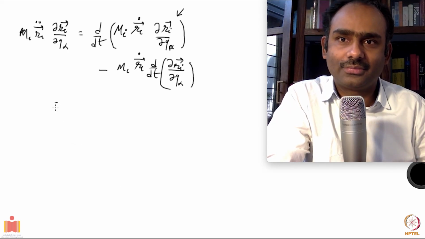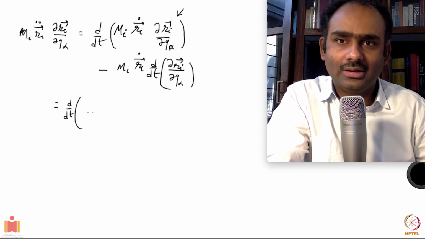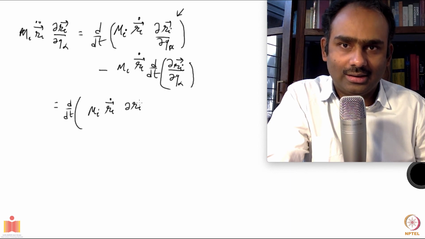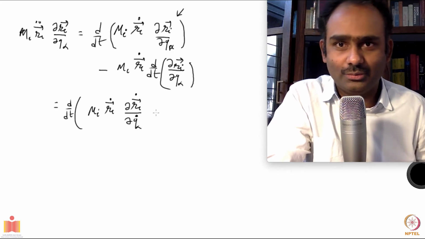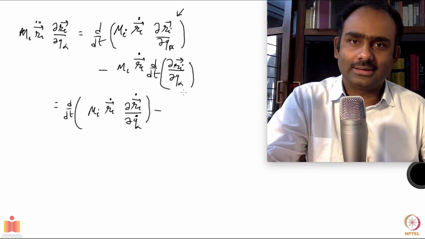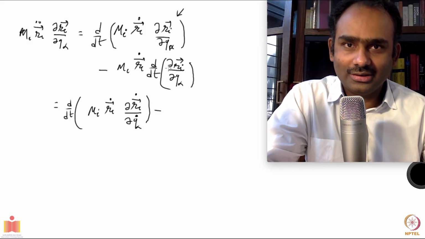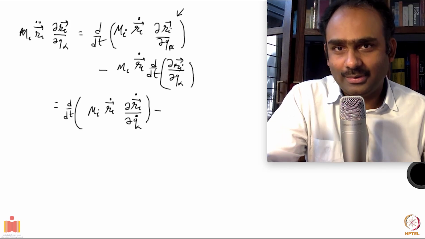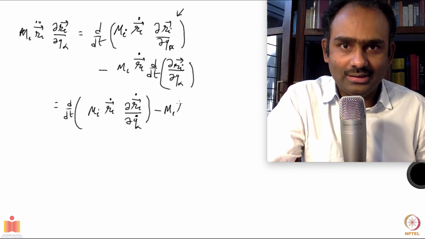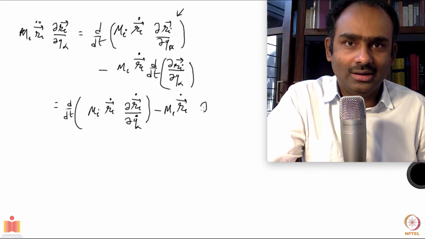Equals d over dt of mi ri dot del ri dot over del q alpha dot. You'll realize soon why all this is going to be useful. Minus, in the second term I'll use the second result. And what was that? If you take a time derivative of this quantity, you can replace it by putting a dot over ri, right? So that's what I'll do. Minus mi ri dot del ri dot over del q alpha.